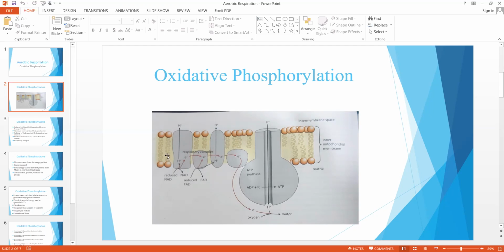When electrons move from one electron carrier to the next, this electron carrier was at a high energy level as compared to this electron carrier over here, which is at a low energy level.